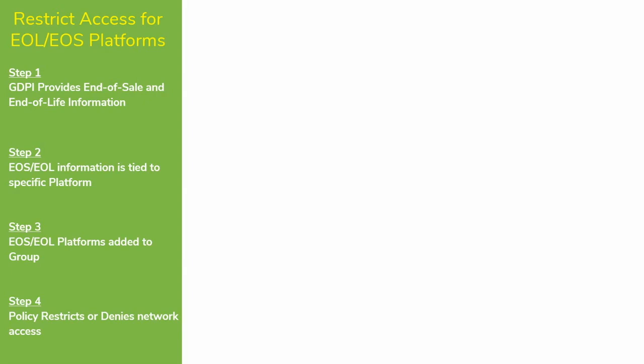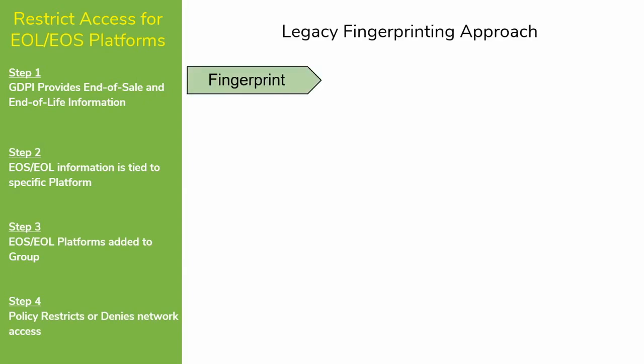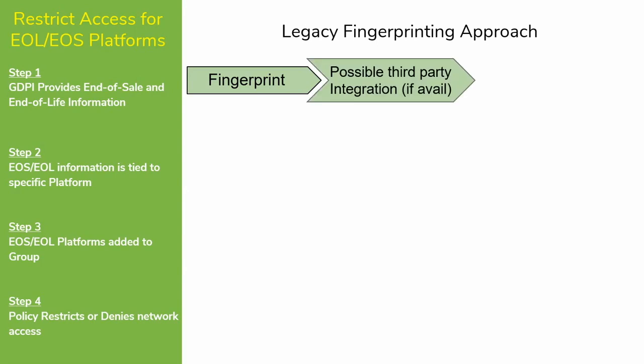First, we'll take a look at the legacy device fingerprinting approach. With legacy device fingerprinting, you get a general category for the device, such as printer, phone, computer, mobile device, etc. To get end of life or end of sale information, if at all possible, typically requires third-party integrations, most of the time specific to certain manufacturers.